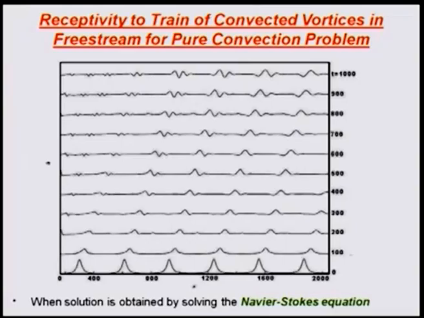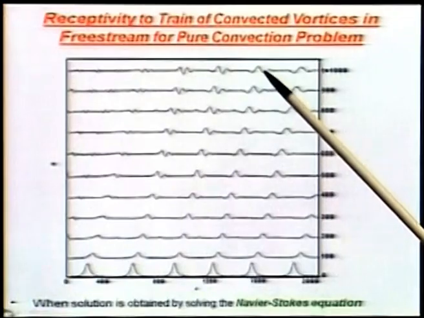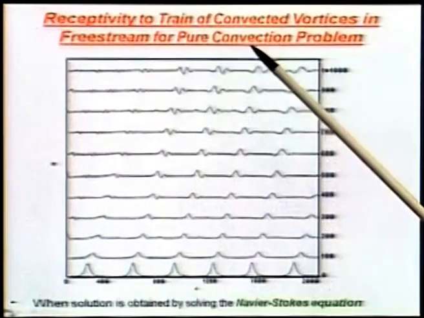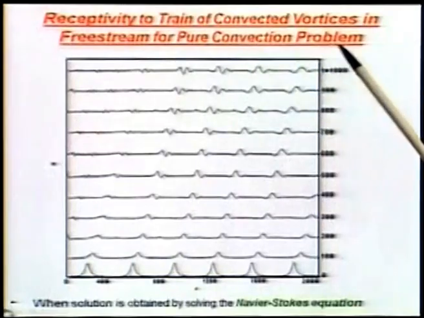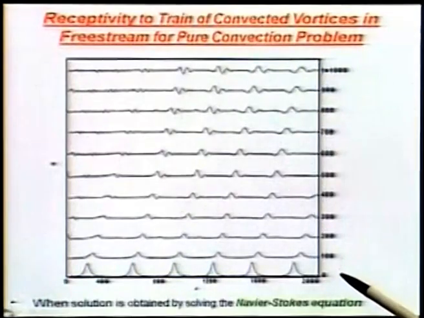Let me show you some results as obtained from the simulation. Here in the first part I will show you some results where the free stream vortices are moving with the free stream speed. So, this is a pure convection problem.